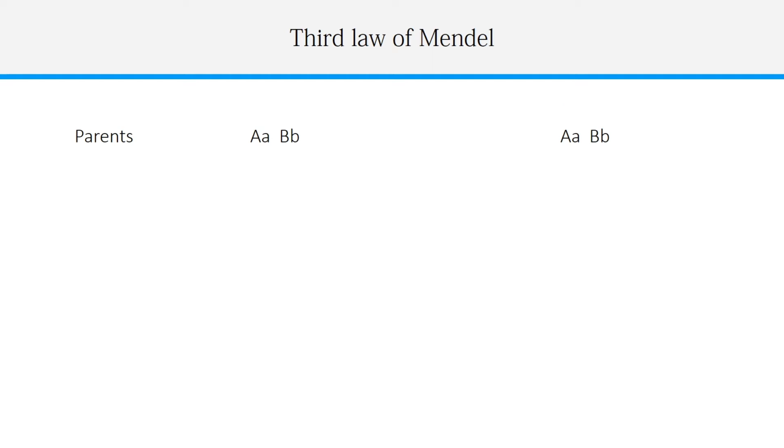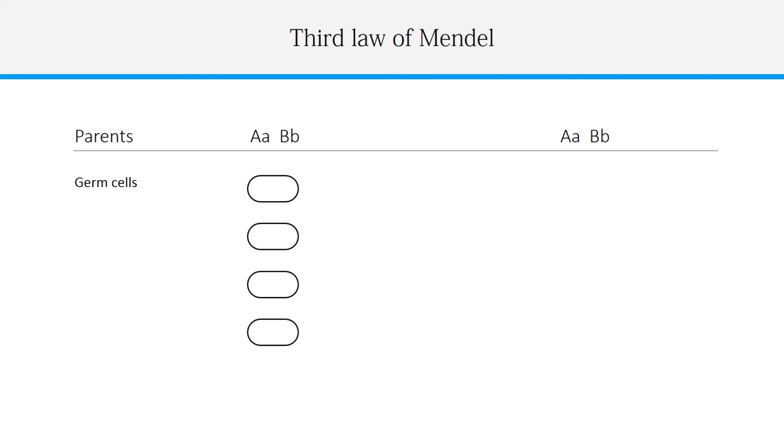Let's look at this situation in more detail. Here you see the genes or genotype of the parents, first parent and another parent. Let's look at the germ cells which will be produced by both of these parents.